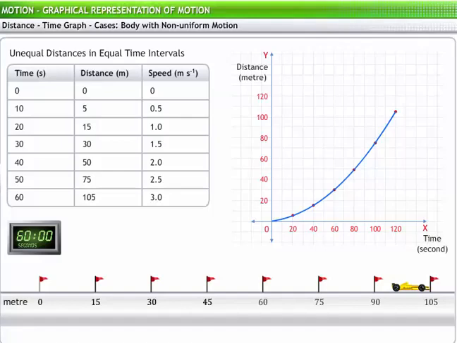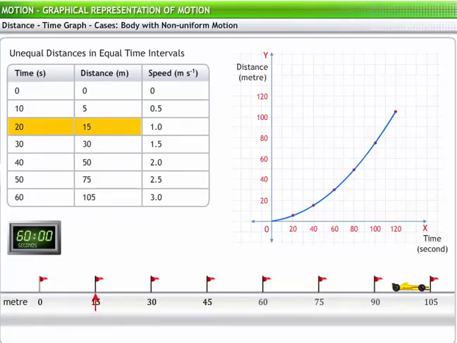Let's analyze this data further. During the first 10 seconds, the distance travelled by the body is 5 meters. Thus, the speed of the body for the first 10 seconds is 0.5 meter per second. For the next 10 seconds, the distance covered by the body is 10 meters.